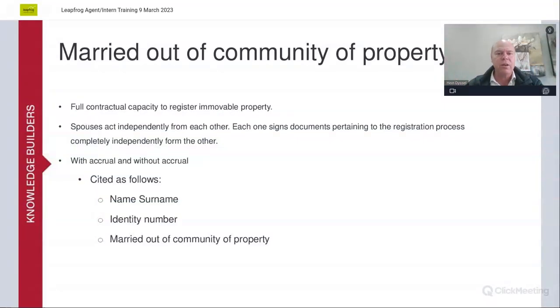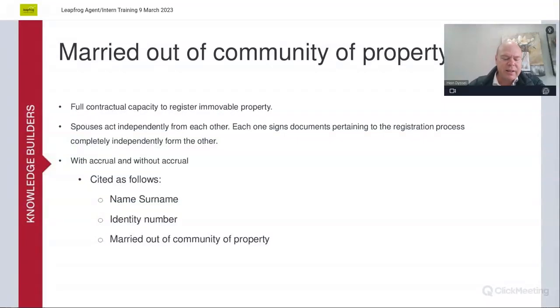You don't need the consent of your spouse at any stage to do anything if you are married out of community of property. So you will have full contractual capacity to register immovable property, buy or sell, whatever you want to do. You can register servitudes, you can register usufructs, real rights. You can do whatever you want to do if you are married out of community of property.